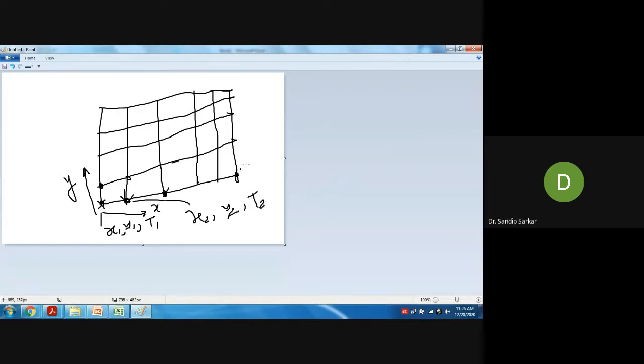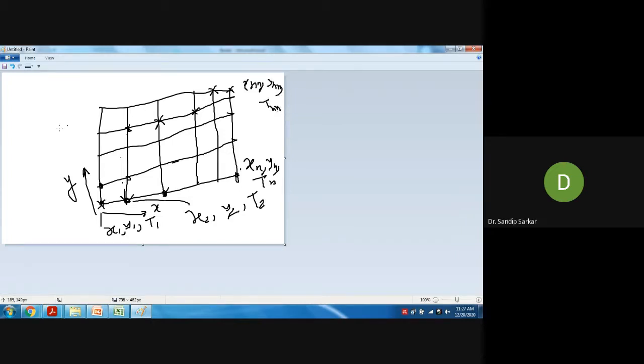Coordinate number n will be xn, yn, and tn. Similarly for all the coordinates. These are the finite difference grid points. Suppose this last coordinate is xnn, ynn, and tnn.